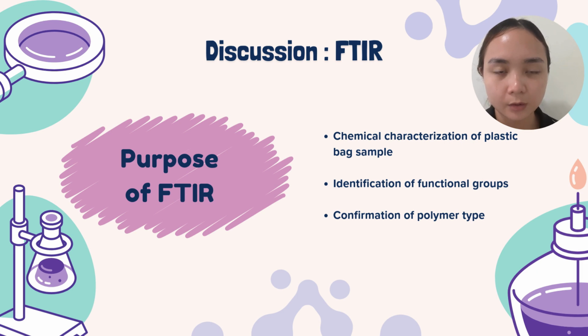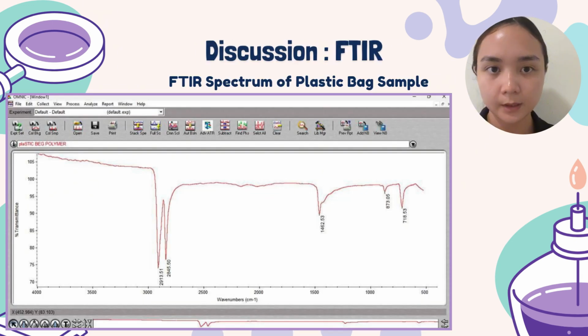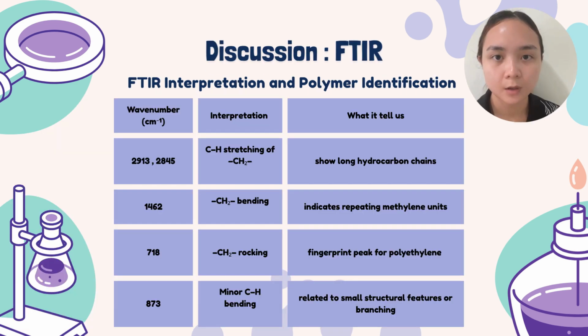FTIR was used to identify the chemical structure of the material by analyzing its functional groups and confirming the polymer type. This slide shows the FTIR spectrum of the plastic bag sample. The strong peaks at 2913 and 2845 per centimeter correspond to CH3 or CH2 stretching vibrations, also known as the methylene group. This indicates that the polymer backbone mainly consists of hydrocarbon chains, which is typical for polyethylene plastics.